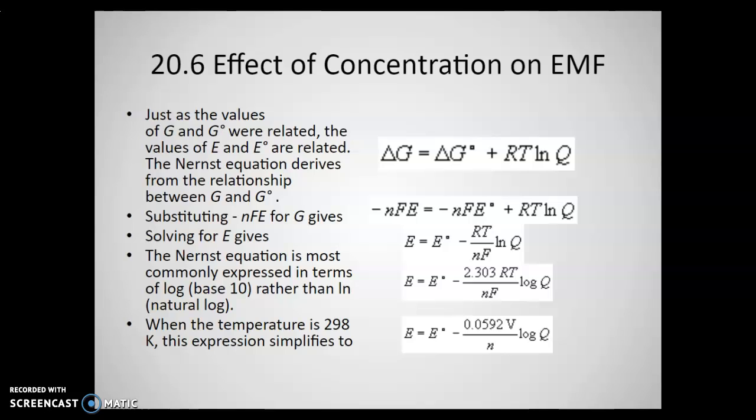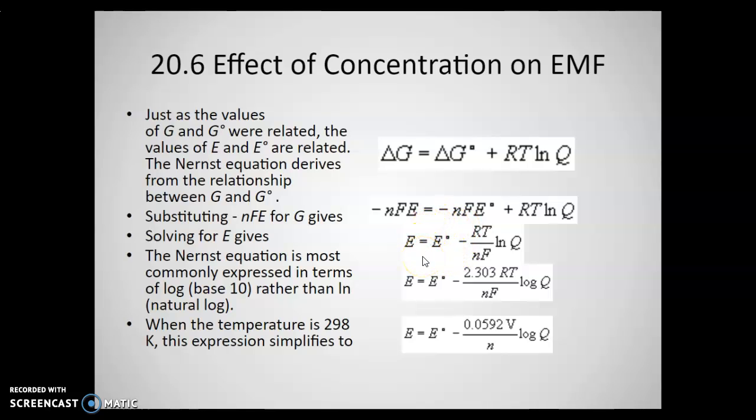Just like delta G and delta G0 are related, the values of E and E0 are related, and we can substitute in here and get our relationship between the reaction quotient, or the concentrations of products over reactants, and how that can affect your cell potential. The standard cell potential is assuming, of course, that you have 1 molar solutions of everything, and everything's standard.